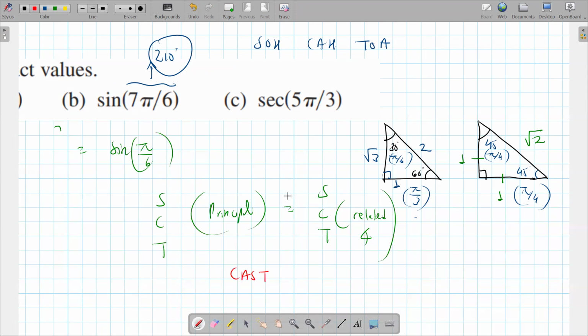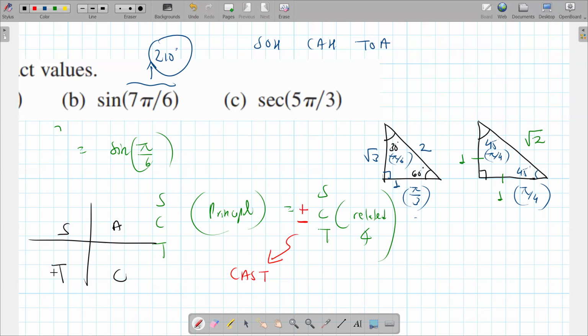The only difference between these two, principal angle and the related acute angle, is that the sine of the related acute angle can either be positive or negative, depending on the CAST rule. So what's the CAST rule? It just says which quadrant is positive for which ratio. In the fourth quadrant, only cosine is positive. In the first quadrant, all is positive. In the second quadrant, sine.